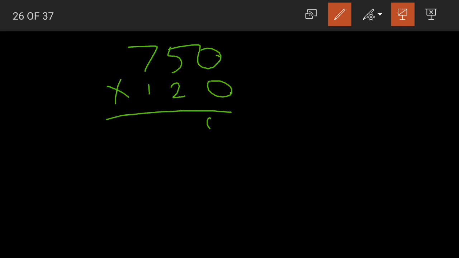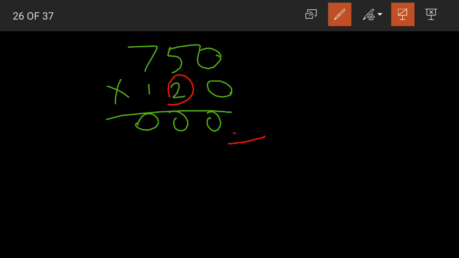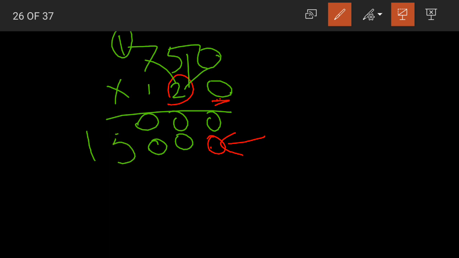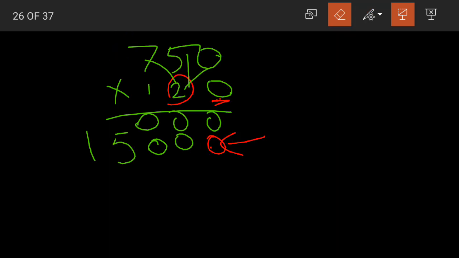Again 750 into 120. 0 into anything becomes 0 only. Coming to the next digit 2 in a new line. After 2 we are having 0, 1 digit. So placing 1 zero. 2 zeros are 0. 2 5s are 10. 1 carried. 2 7s are 14 plus 1, 15. Yes, children?